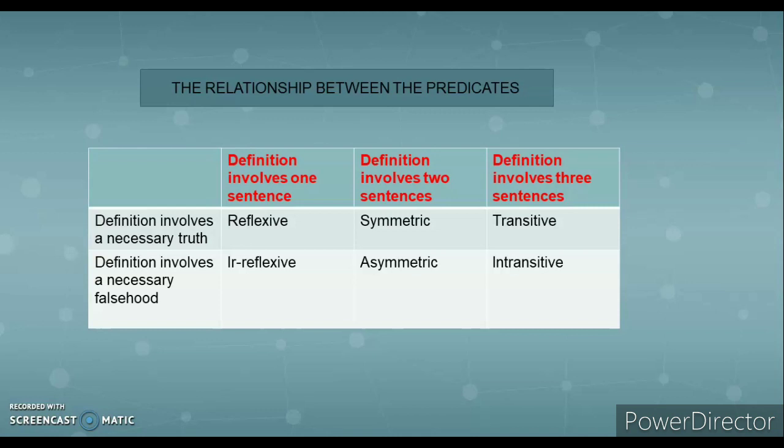And for the definition involving a necessary falsehood, if it relates to 1 sentence, it is called irreflexive. With 2 sentences, it is called asymmetric. And with 3 sentences, it is called intransitive.